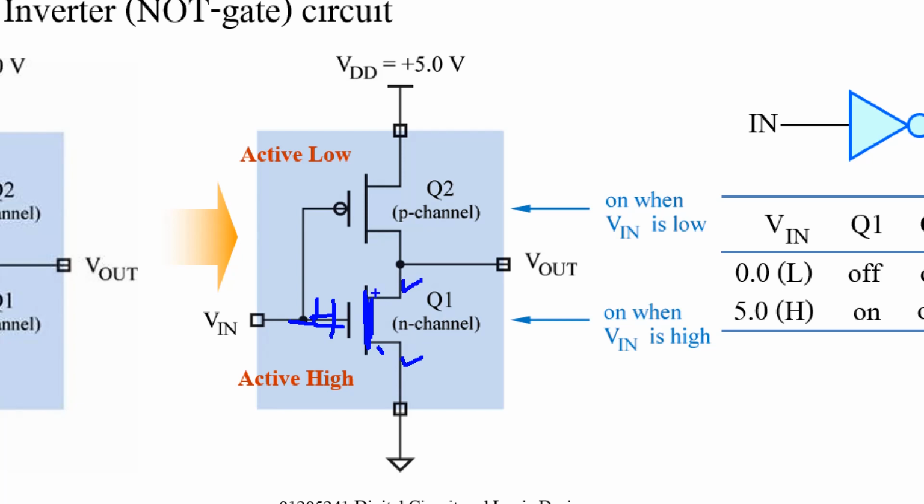Okay, after this point and this point short together by turning on this transistor with positive voltage, this point and this point become the same voltage potential or 0 volt. Okay, for this example, if you want this one to turn on, you must apply 0 volt or low to make this transistor turn on or generate this P channel. That's all. Okay, just remember.